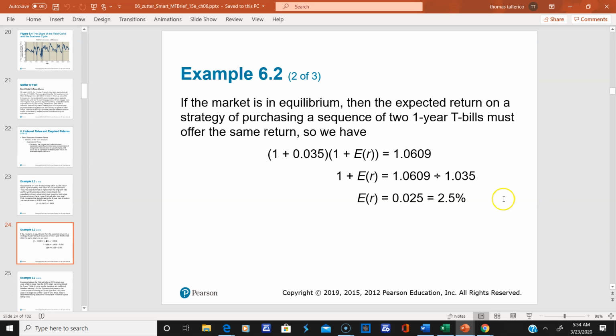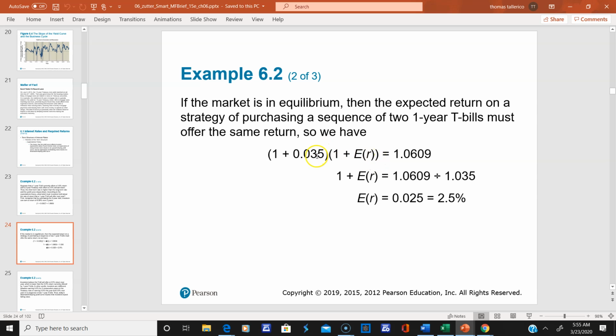If the market is in equilibrium, then the expected return on a strategy of purchasing a sequence of two 1-year bills must offer the same return. So it has to equal the 2-year return that we calculated. If we look at this, and then we have a new one here, we calculate this return and it comes out to 2.5%.